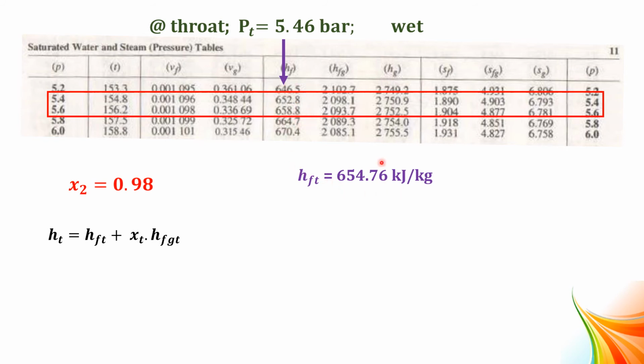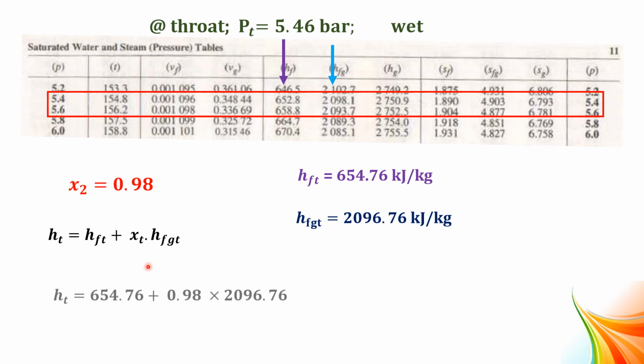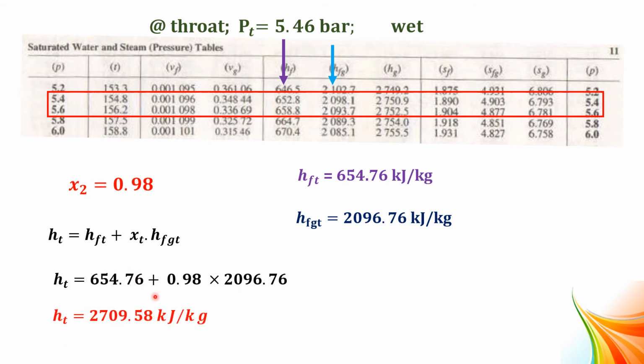Then by interpolating 2098.1 and 2093.7, we get the value of Hfgt, which is 2096.76 kilojoule per kilogram. Now substituting these three values in the specific enthalpy equation, we get Ht equal to 2709.58 kilojoule per kilogram.